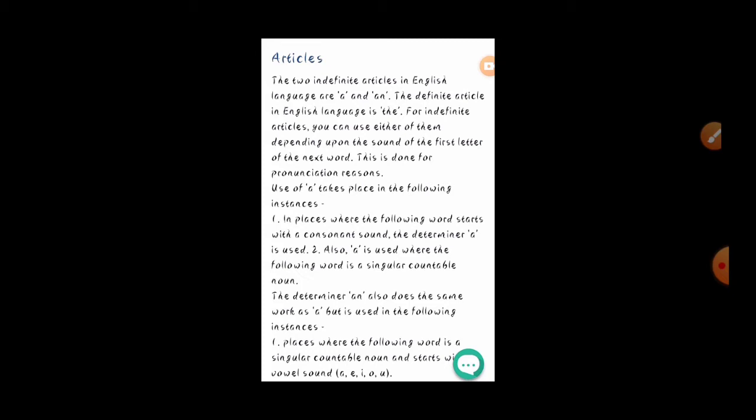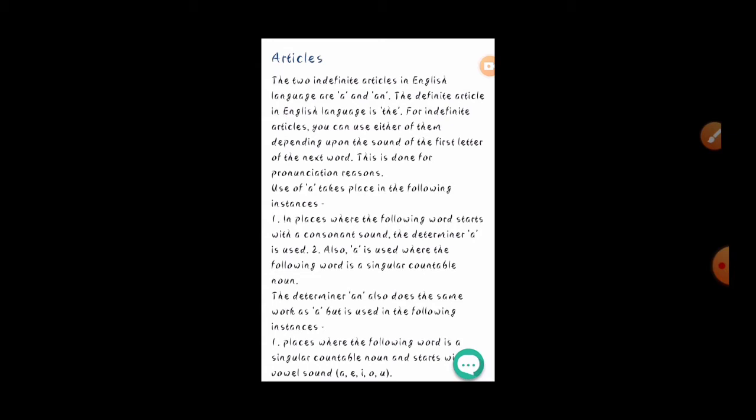So the use of a takes place in the following instances. So here is the explanation for where we have to use a, okay? In places where the following word starts with a consonant sound. So for this you should know what you mean by consonants and vowels. What are the consonants? All the alphabets other than vowels are consonants.